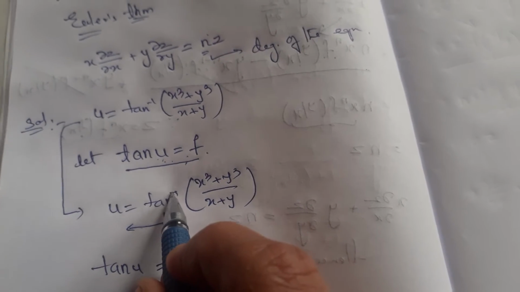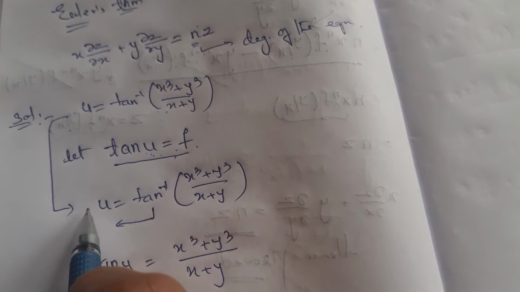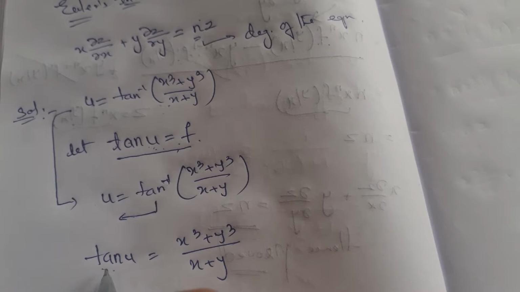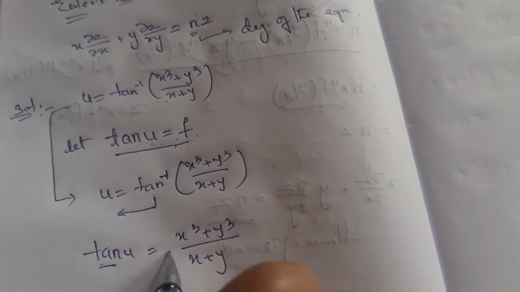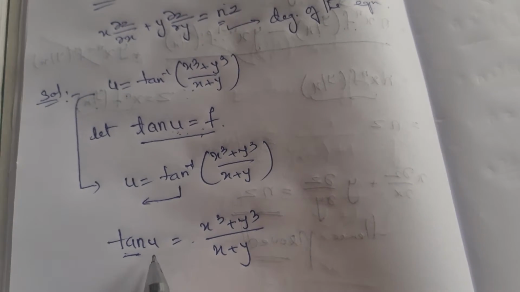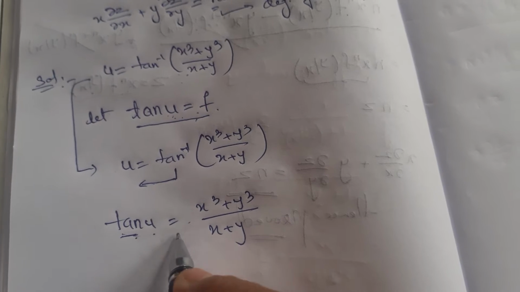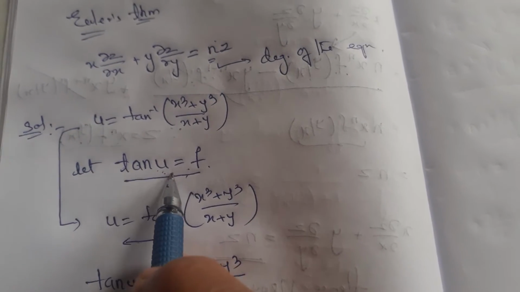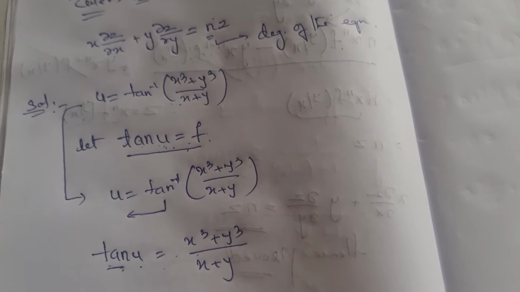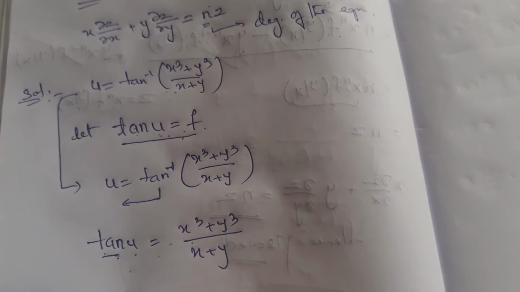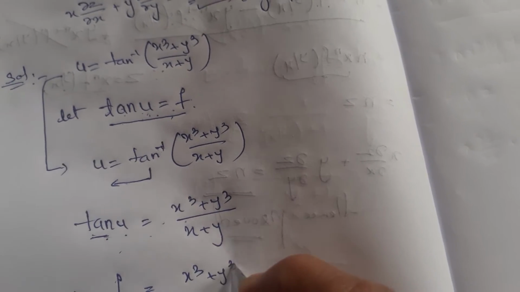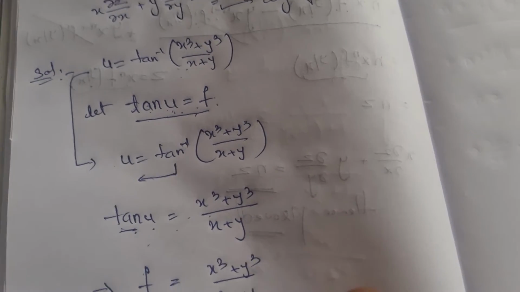Whenever you shift tan inverse to the opposite side of the equal sign, it becomes tan, and if you shift tan to the other side, it becomes tan inverse. As we have taken tan u equals f, substituting, we get f equals (x cube plus y cube) by (x plus y).